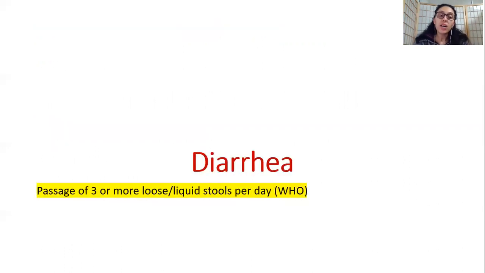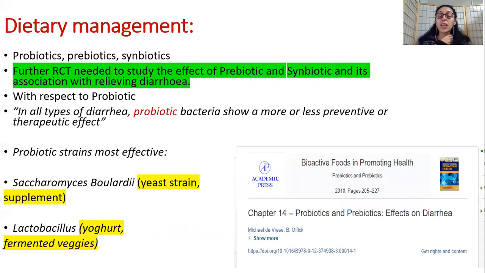Then you have diarrhea, and the World Health Organization definition is passage of 3 or more liquid stools per day, and you have seen in the Bristol stool chart what that means. The best management technique seen with diarrhea, with a lot of research, is probiotics. Probiotics, as I've said, are something like yogurt, which has lactobacillus inside the food.